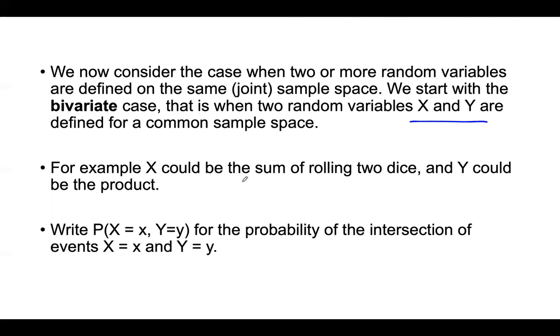So for example, X could be the sum of rolling 2 dice and Y could be their product. So this is how we write the particular case. Probability of X, and these would be the outcomes for these random variables, X and Y. And this would be the intersection of the events.